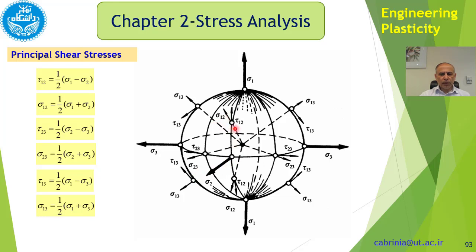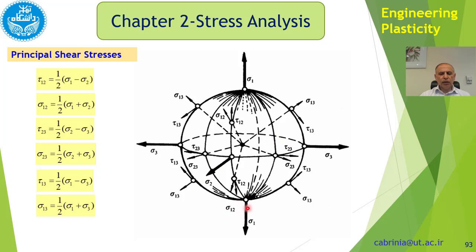We have some components of stress in here, which are tau 1 2, sigma 1 2, tau 1 3, etc. The difference between sigma 1 2 and tau 1 2 is that we have these principal shear stresses like tau 1 2, which are sigma 1 minus sigma 2, but sigma 1 2 is sigma 1 plus sigma 2. So here we have shown a sphere in order to show different directions.